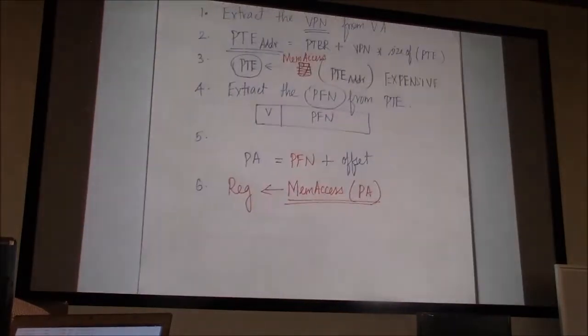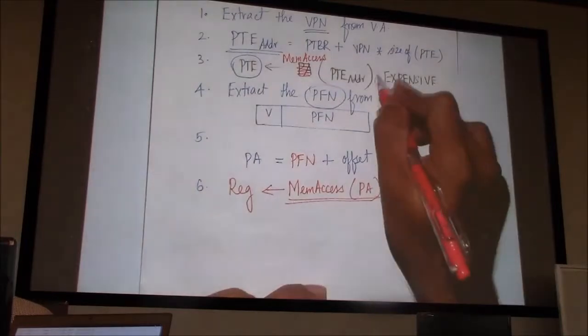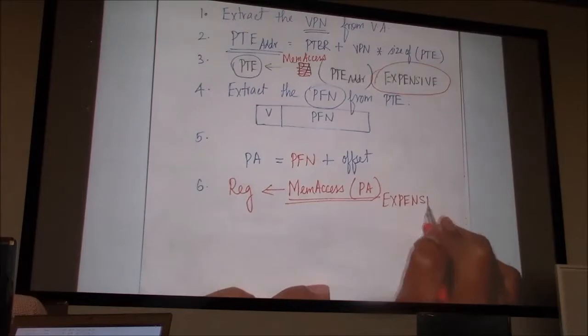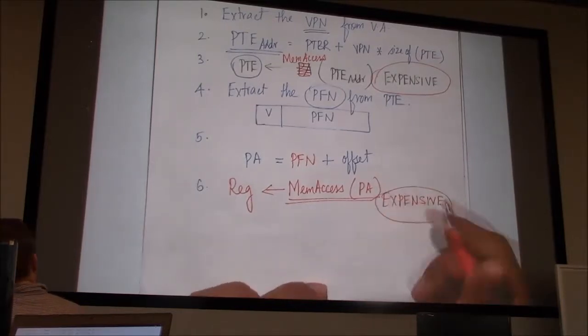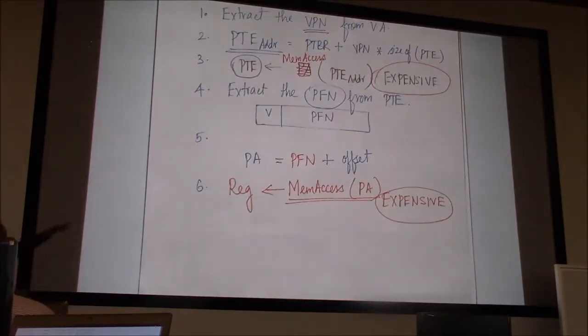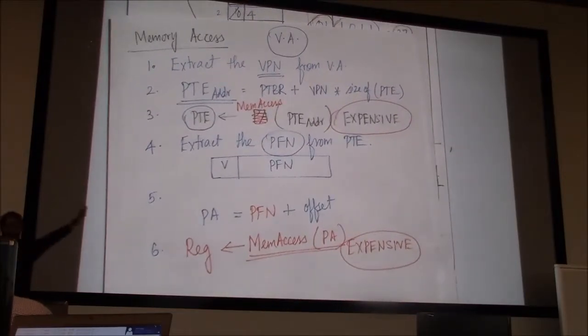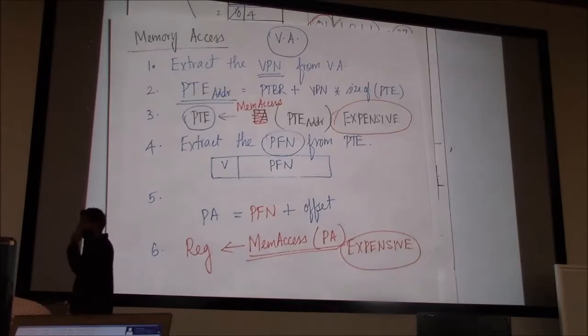And this is also an expensive operation. These are the sequence of steps that happen currently whenever a single memory location is accessed in simple linear paging.